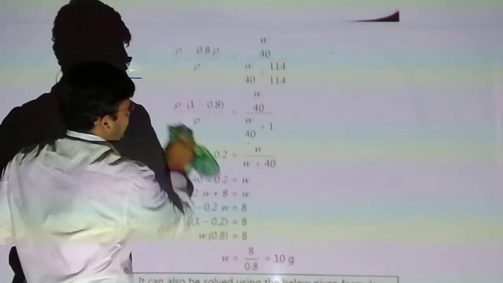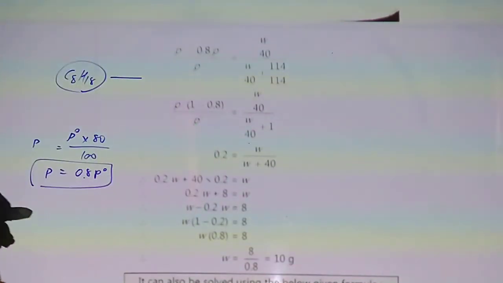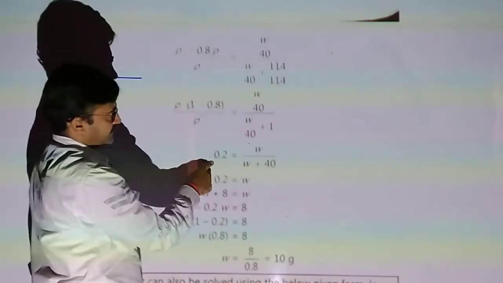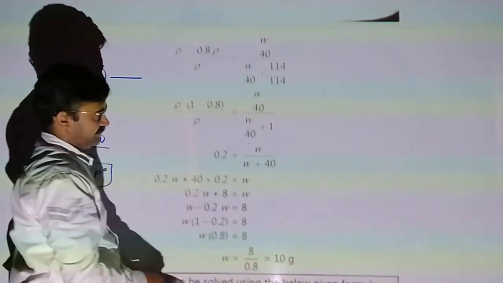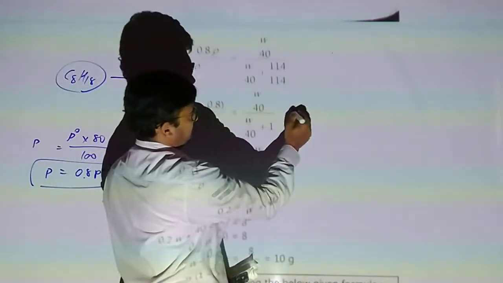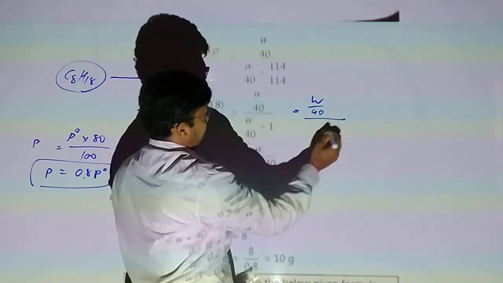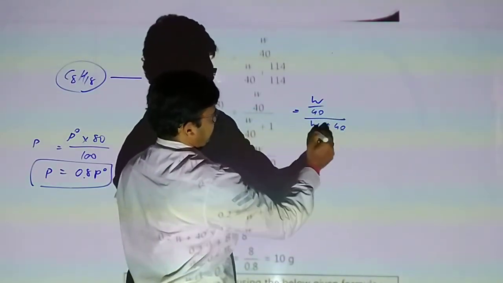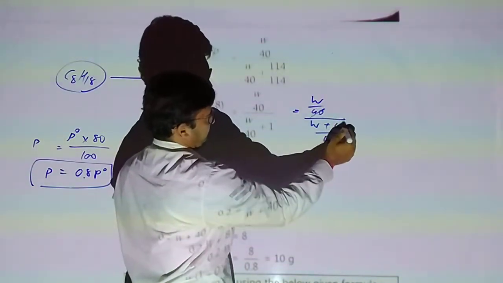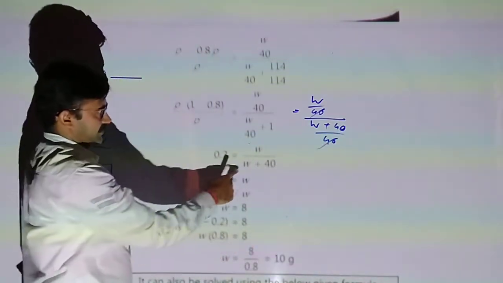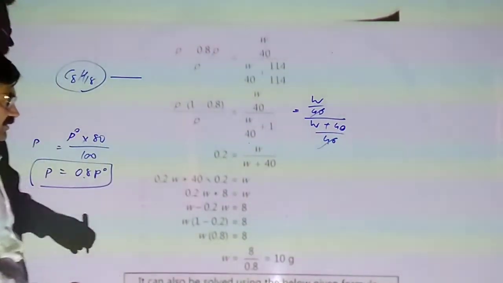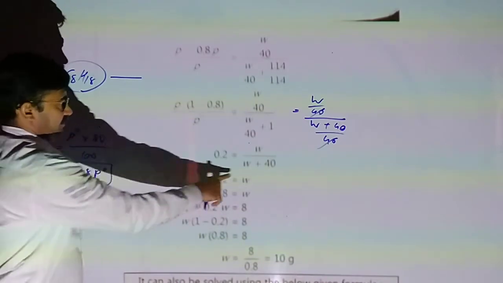So P degree is common, cut. 1 minus 0.8, so 0.2. 40 is LCM here. W upon 40, W plus 40 by 40. 40 cut. So W upon W plus 40. 0.2 multiply, W plus 40.